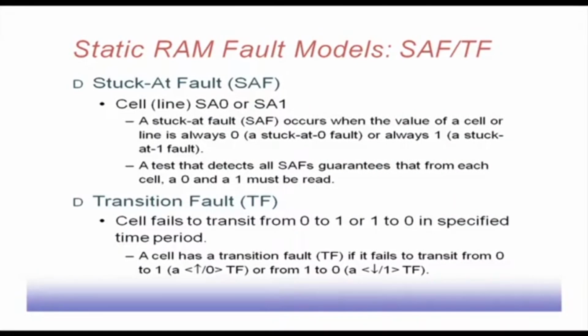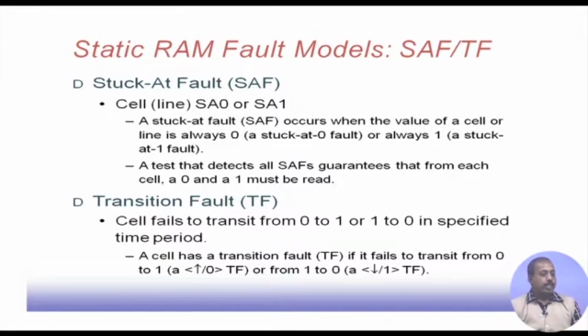We will first consider the static RAM fault models. We will look into two such fault models. One is the stuck-at fault model, another is the transition fault model. A stuck-at fault means a particular cell is stuck at 0 or stuck at 1. This is similar to the stuck-at fault that we have in logic circuits. A stuck-at fault occurs when the value of a cell or a line is always 0, a stuck-at 0 fault, or always 1, a stuck-at 1 fault.